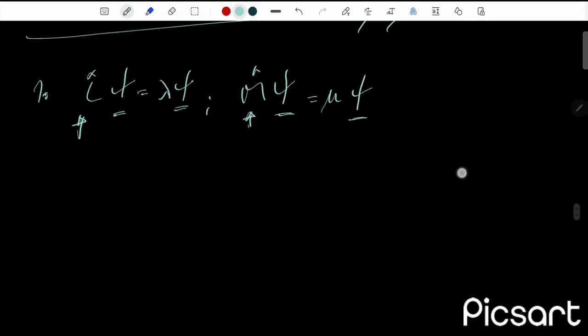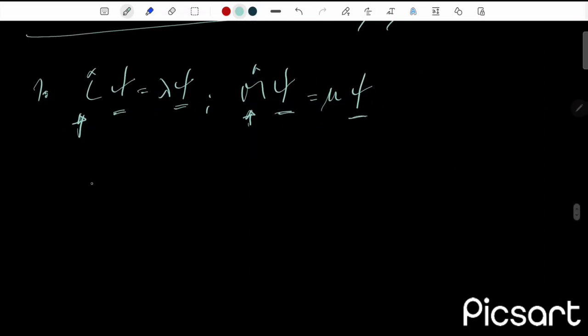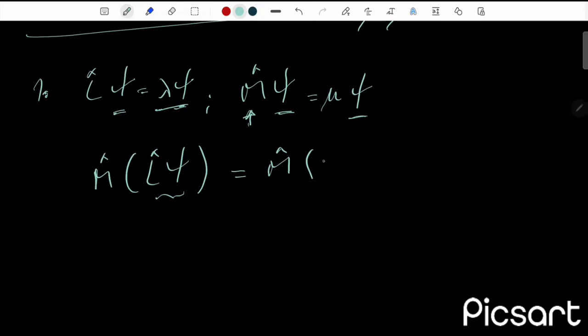Now we can say that when we apply M to this action, we get, remember that it is lambda times psi, M acting on lambda times psi, and M must be a linear operator so that we can take out the lambda and we have M acting on psi.